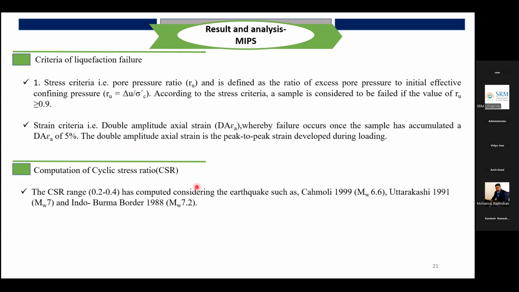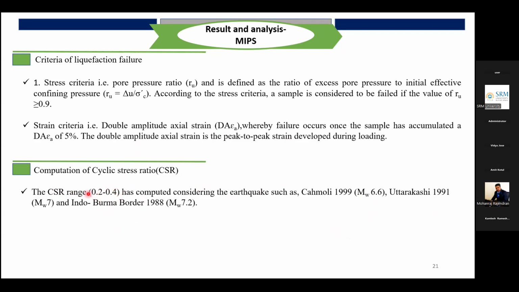This is a very well-known CSR calculation. So the cyclic stress ratio can range from 0.2 to 0.4. It's computed considering earthquakes such as Chamoli, Uttarkashi, and the Indo-Burma border earthquakes. Some of the case studies, some of the earthquake magnitudes we have taken. So based on that, we have calculated the value of CSR, cyclic stress ratio. For these earthquakes, the calculated CSR value is close to 0.2 to 0.4.